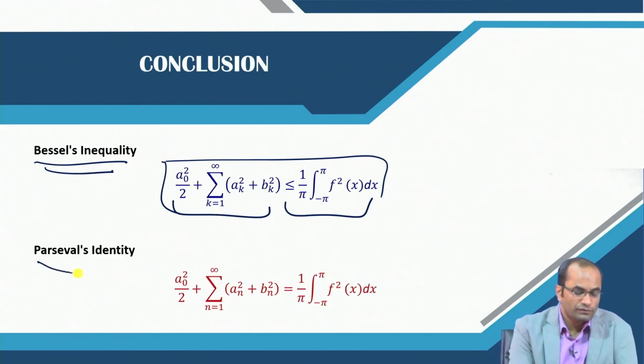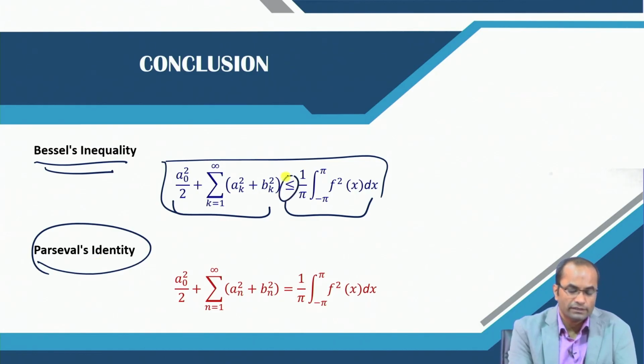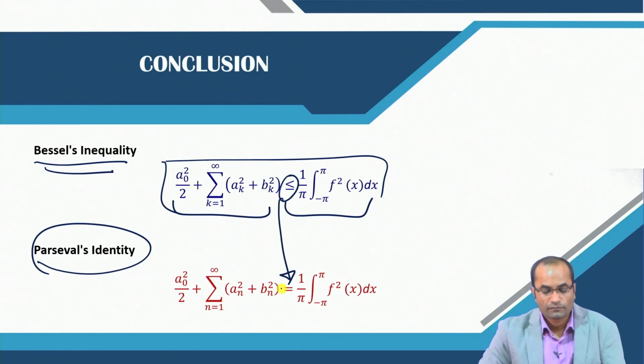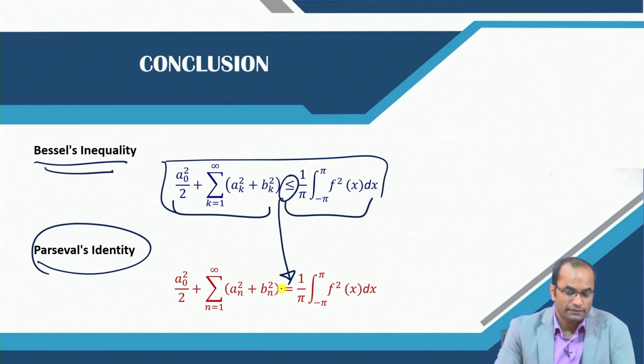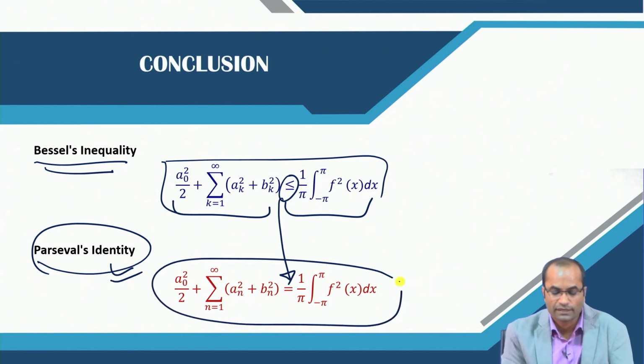Later on we realized that under the same conditions this can be set to equality, and the name of this identity is the Parseval's identity, which has several applications. Some of them we have seen for computing the sum of various series.